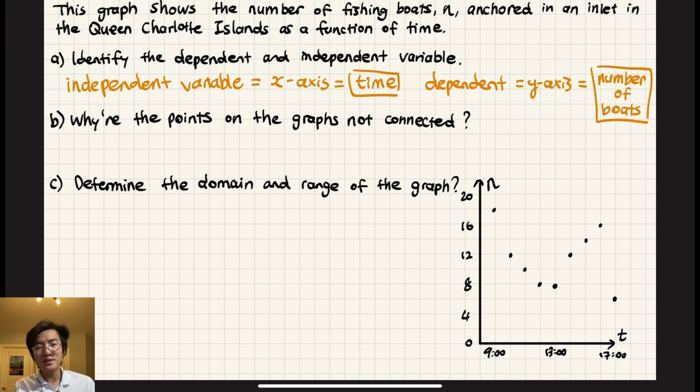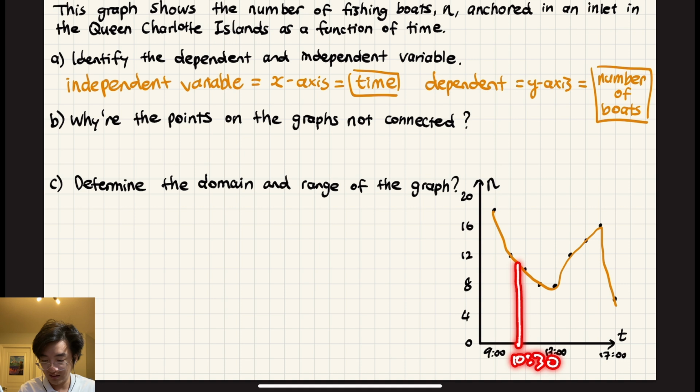Now, why are the points on this graph not connected? The simple answer is that we cannot have half a boat. If we were to connect all those lines, then at, let's say, this is 9 o'clock, that's 10, so at 10:30 right here, we would have 11 boats.